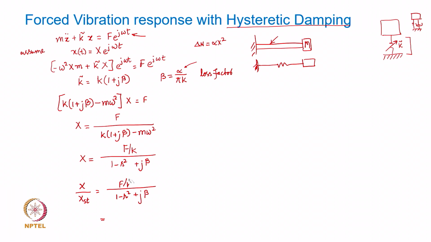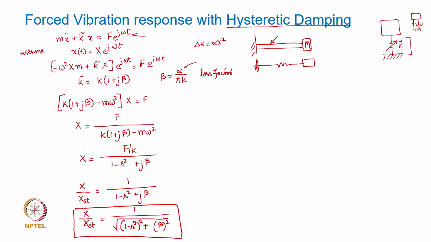This can be done by what you know very well, and then it is going to finally look like the square root of 1 minus r square whole square plus beta square. All right. X over xst, the dynamic magnifier for a structural damping or a material damping or a hysteretic damping case.